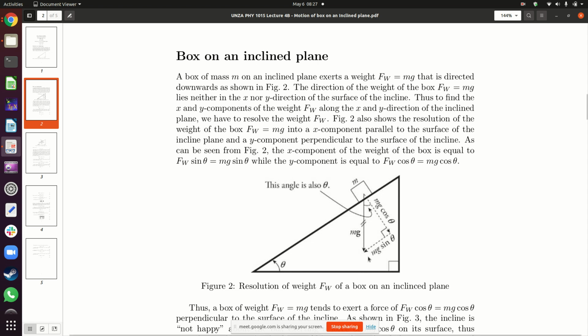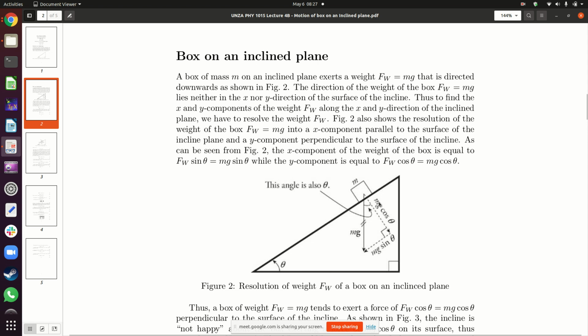So how much of this weight lies along the x-axis, or is parallel to the incline, is given by this component here, the mg sin theta. Since we have chosen the direction perpendicular to the incline to be our y-axis, you end up having this line here as the y-axis.